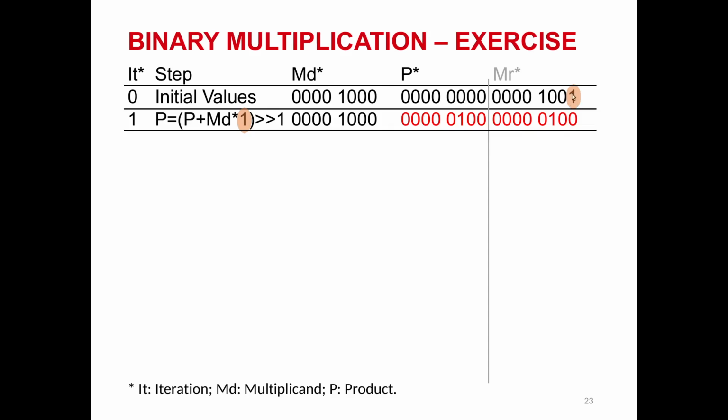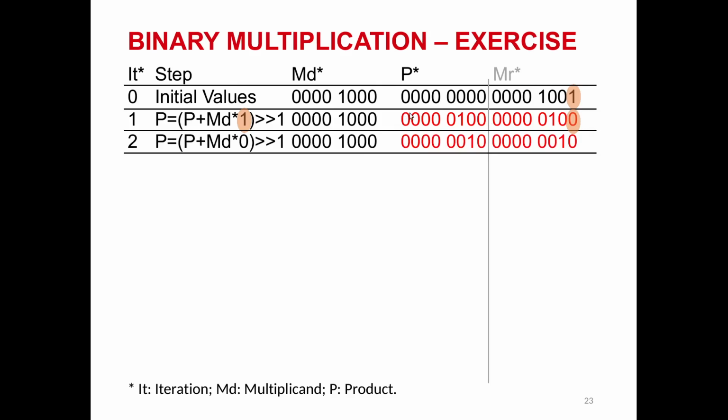so here we see this value is 1, and so here we will multiply MD with 1 before adding and shift to the left. And now at this line you can see here we have the value of 0, so we will do MD multiply with 0 and added together with P before shifting to the right.